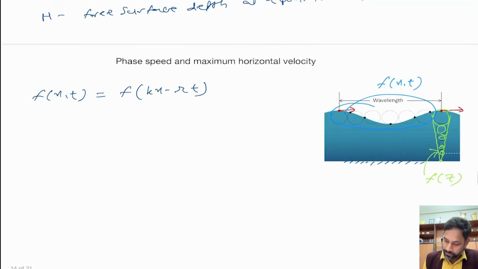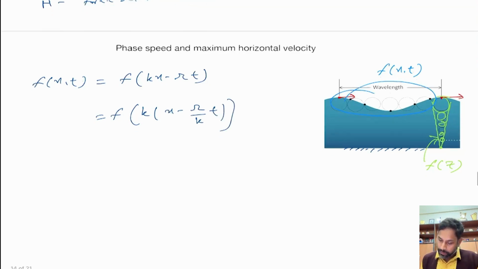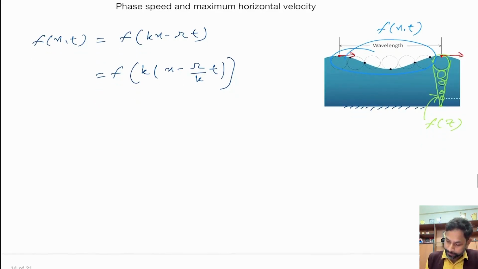So here we take k out, and this will become k times x minus omega over k times t. Okay, so we define a parameter called omega by k.